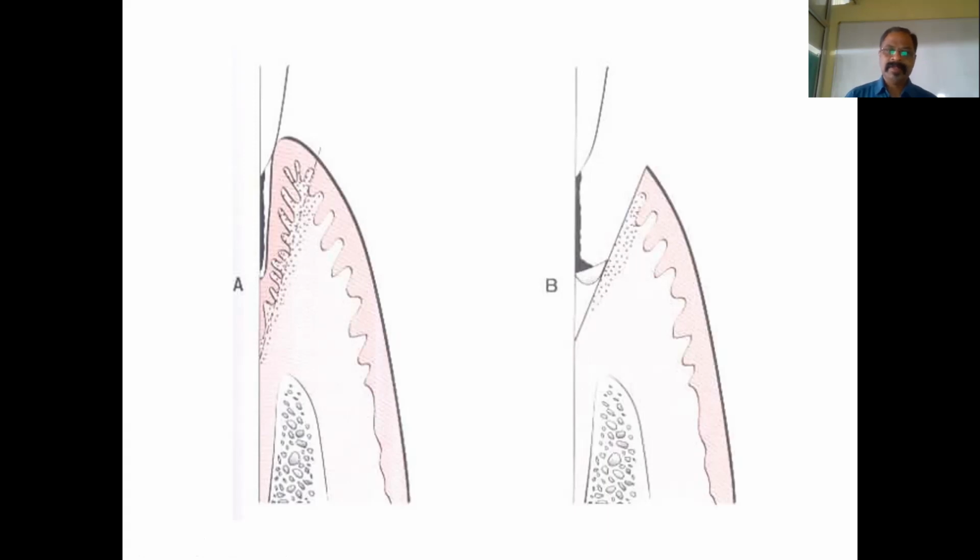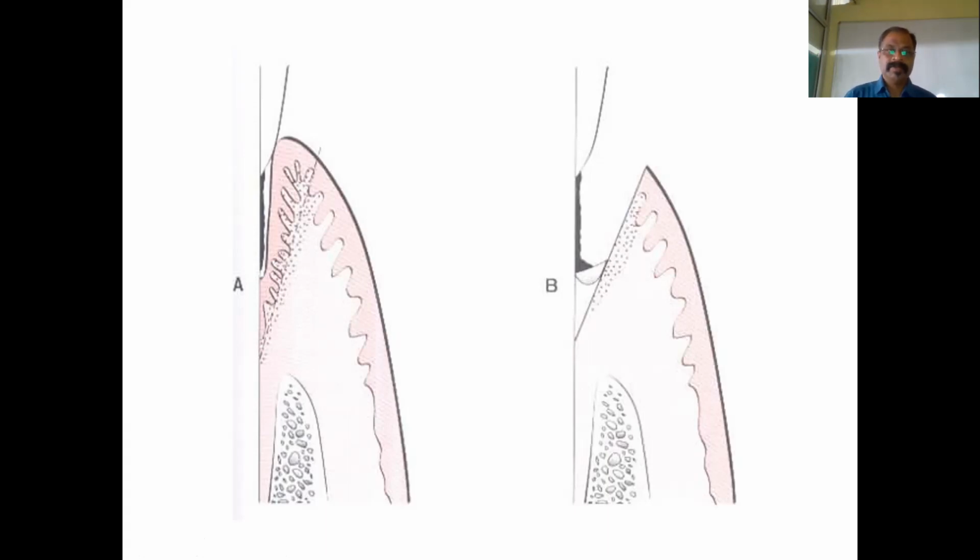What is the difference between gingival curettage and your ENAP is that here, when you see, there is a sharp excision which has been done. That means there is no leftover soft tissue wall as in gingival curettage. Remember, gingival curettage is a blind procedure. That means you do it blindly by inserting a curette into your periodontal pocket.